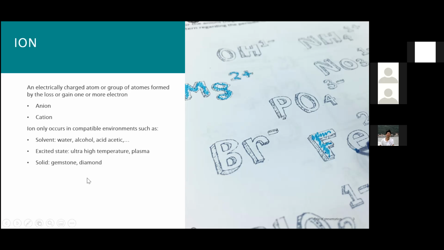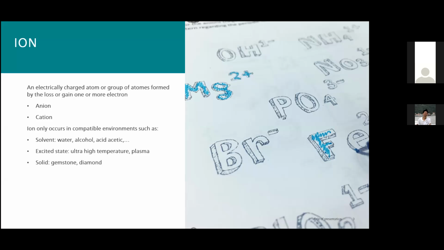Basic ions in the liquid state can only occur in a compatible environment such as a polar solvent like water, alcohol, or acetic acid.